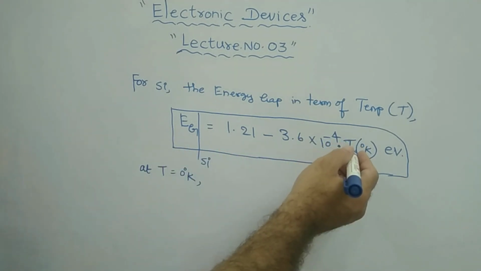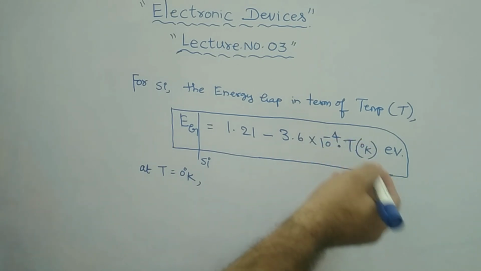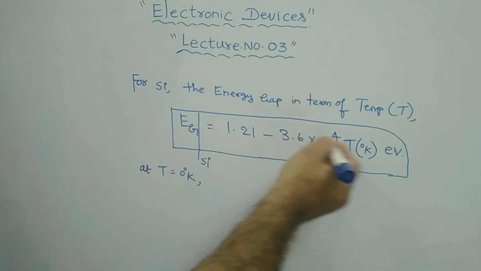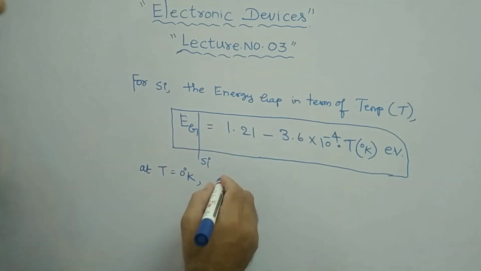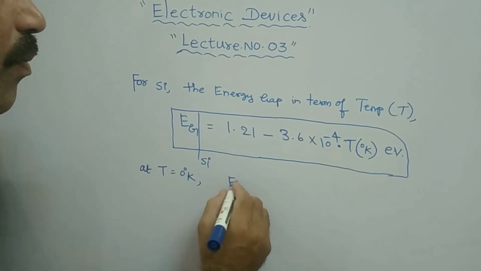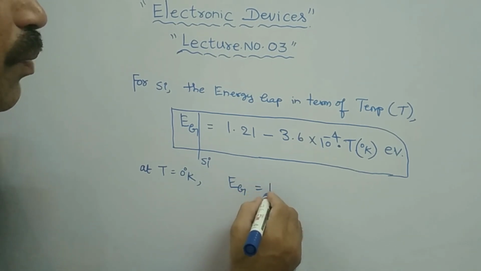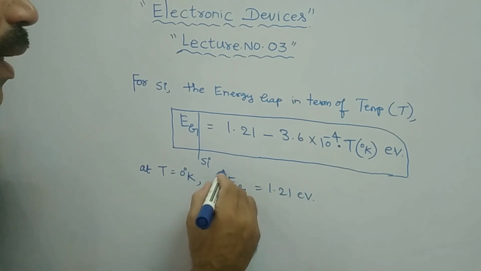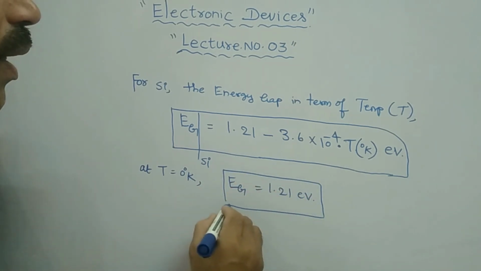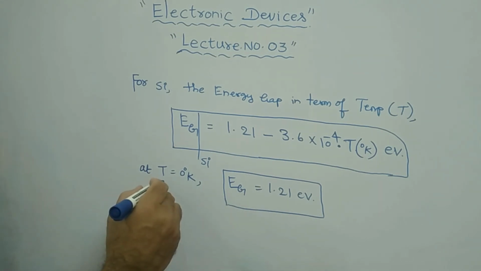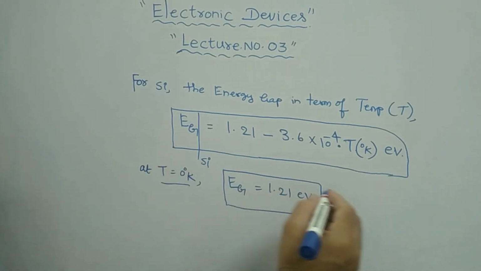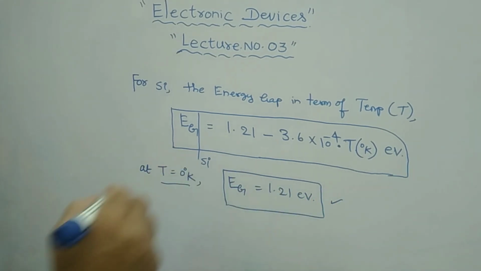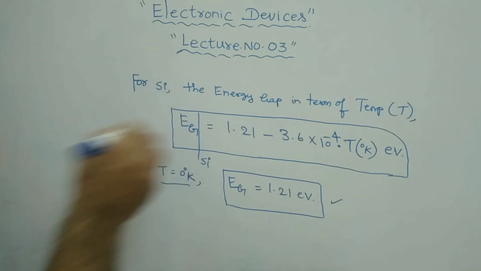If you substitute 0 in place of T, then 0 into everything becomes 0. Your Eg becomes simply 1.21 electron volt. Therefore, at T equal to 0 degree Kelvin, your energy gap is 1.21 electron volt for silicon.